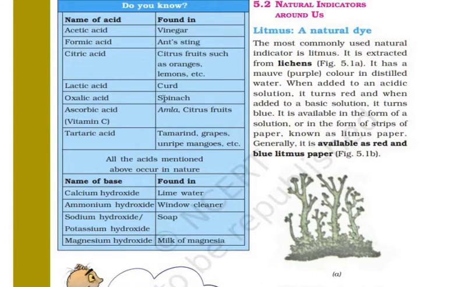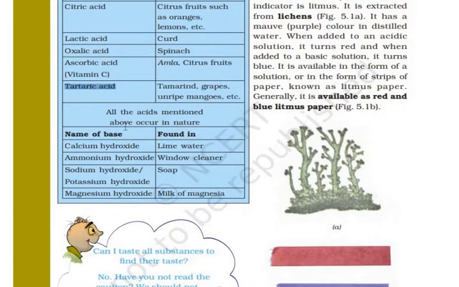Oxalic acid is present in spinach. Ascorbic acid, in amla and citrus fruits, contains vitamin C. So amla and citrus fruits are rich in vitamin C. Tartaric acid is present in tamarind, grapes, unripe mangoes, etc. Unripe mangoes are also sour in taste, so they have tartaric acid.